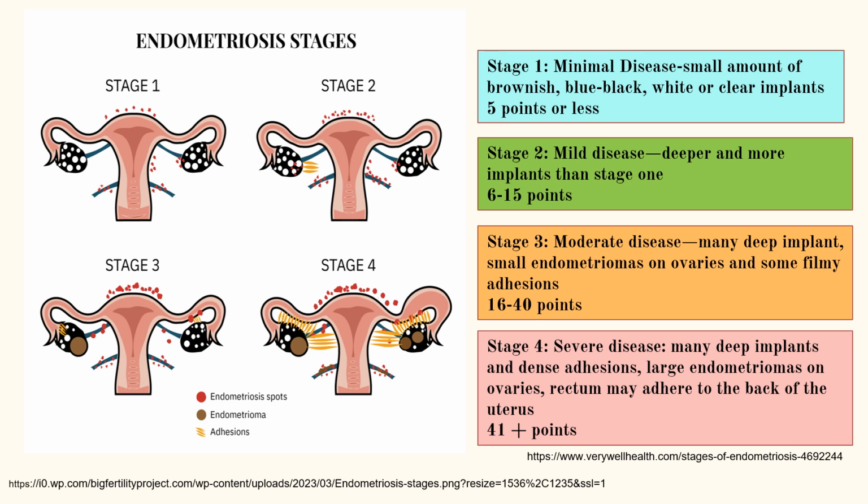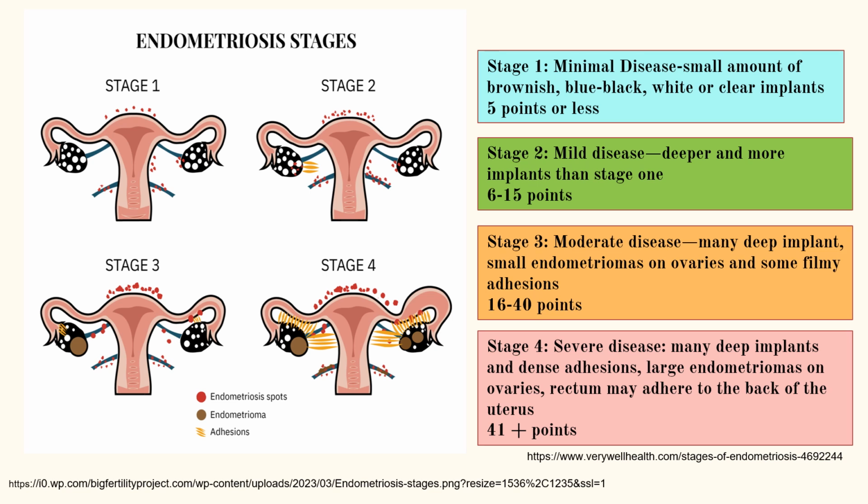And then stage four is the severe disease with many deep implants, dense adhesions, and those adhesions may adhere to the back of the uterus, even into the rectum. So that's 41 plus points for those stages. So there are other staging criteria that are used.